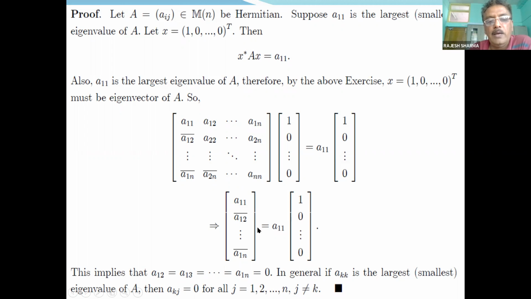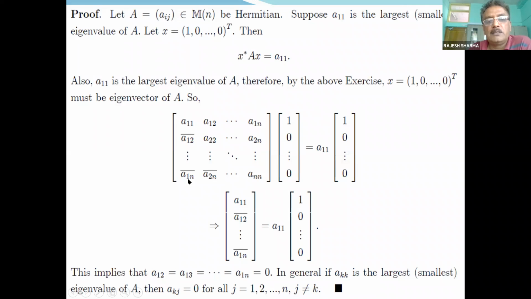Otherwise, A12 to A1n should all be 0. And since it is Hermitian, the corresponding entries A21, that is A12 conjugate, up to An1, that is A1n conjugate, are 0.